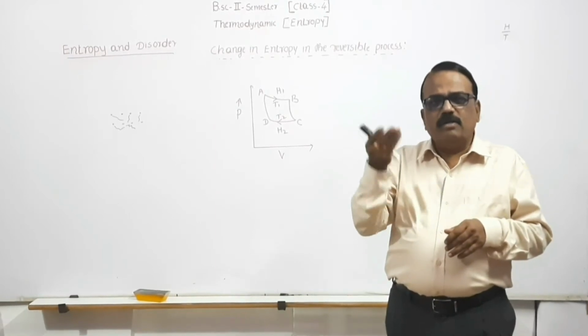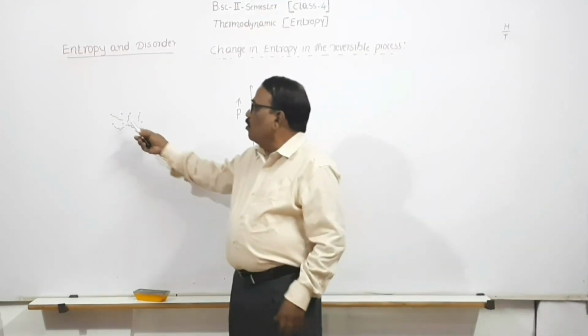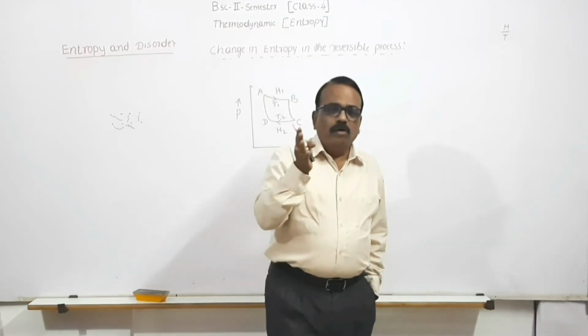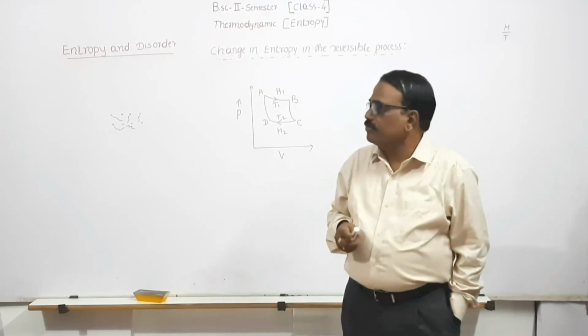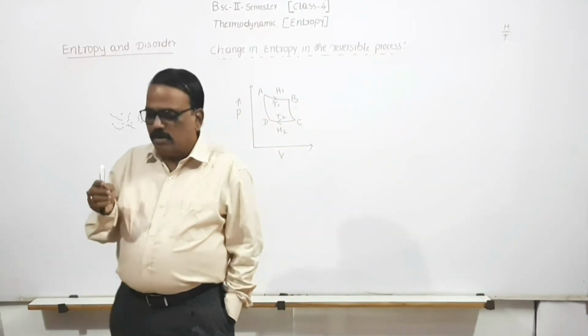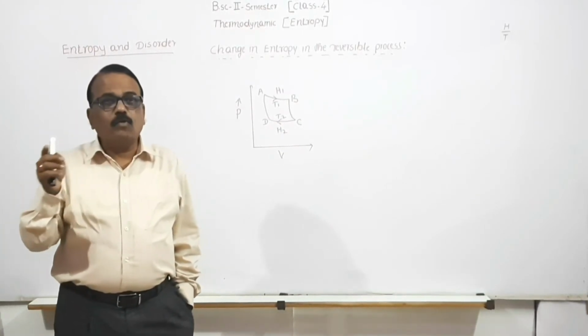Thermal agitation increases, then disorderness goes on increasing. Orderness decreases, disorderness increases. Then you know that temperature is the measurement of degree of hotness or coldness.